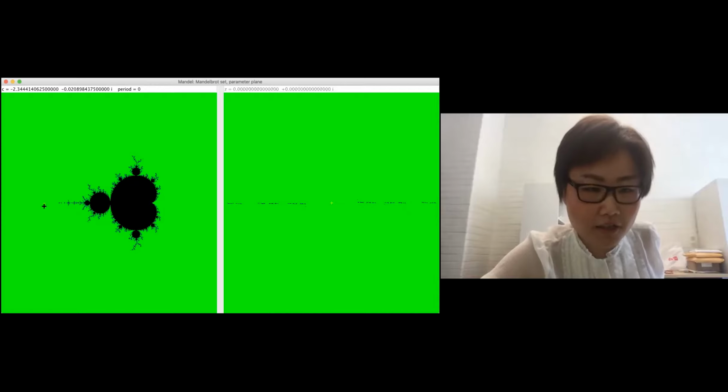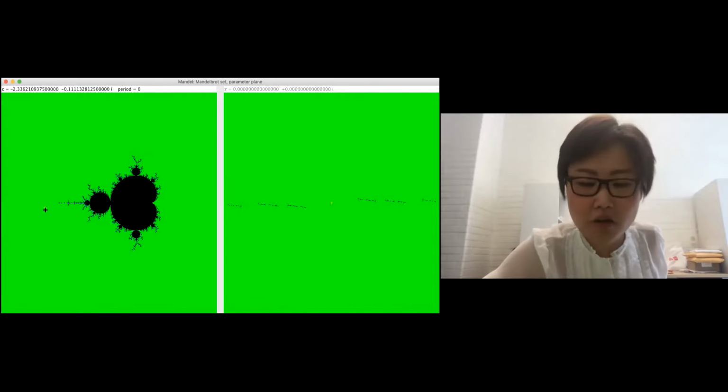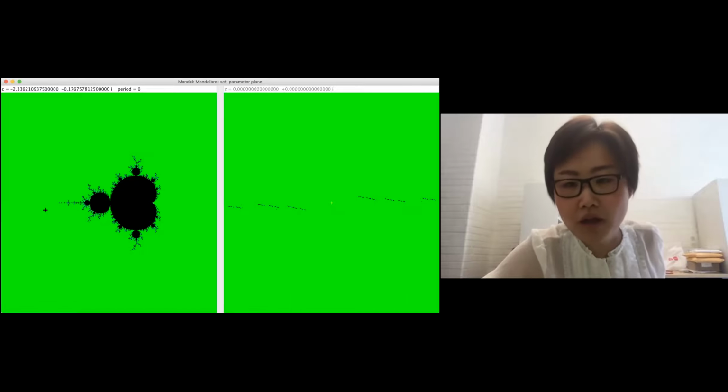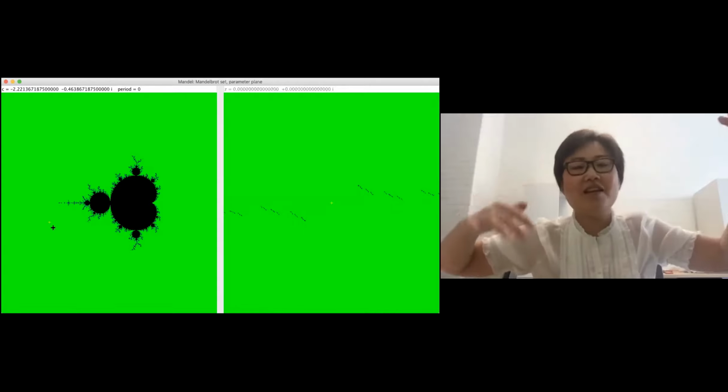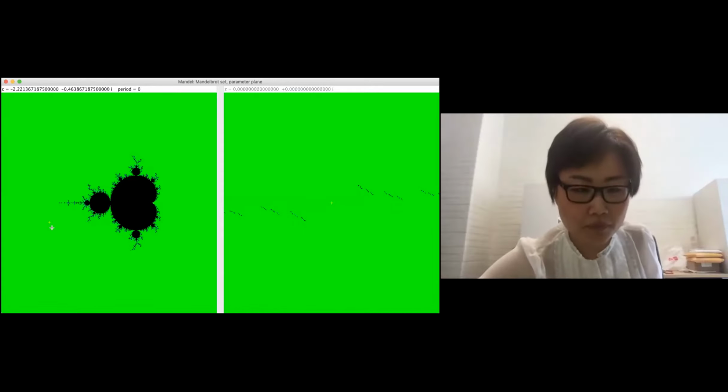And if I start moving the parameter, then you can see the Cantor set will also start moving. If I just move like this, you will see the Cantor set started to tilt, and you can imagine what I can get if I just loop around the Mandelbrot set.